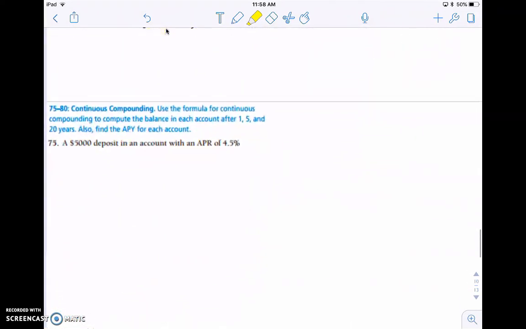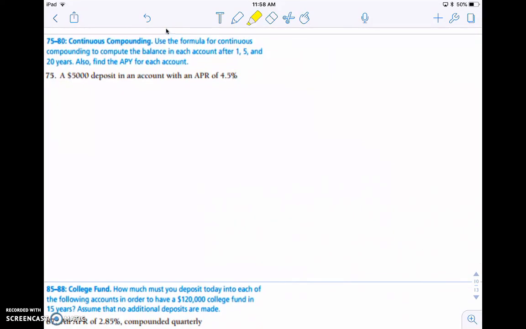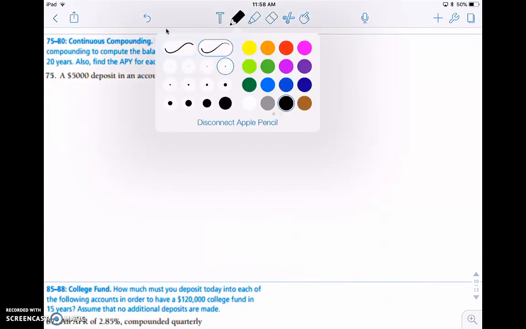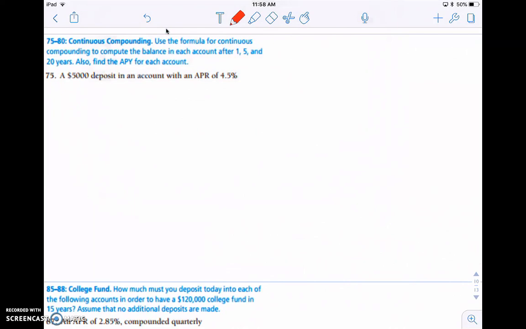Okay. So now let's look at what happens when we're compounding continuously after 1 year, 5 years, and 20 years. We have $5,000 deposited, so our principal is $5,000. Our APR is 4.5%, so the APR is going to be 0.045.